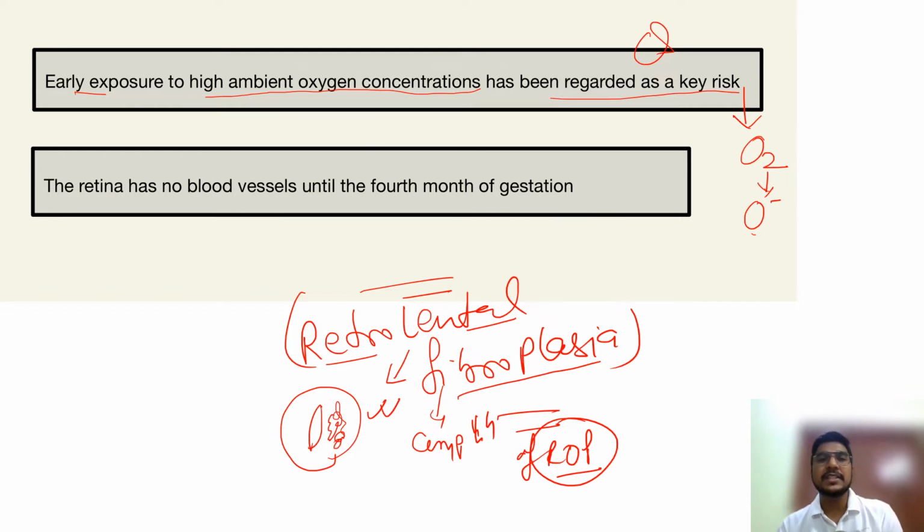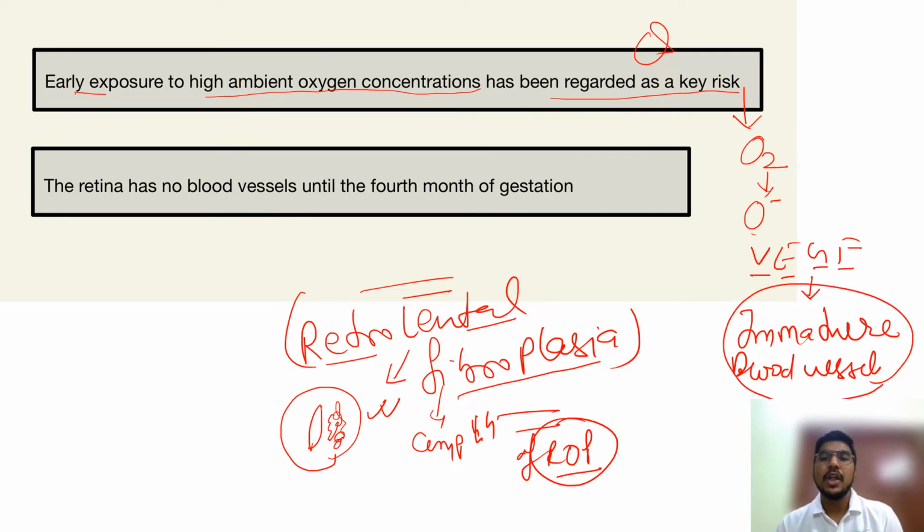Second point is that this high concentration of oxygen causes VEGF, vascular endothelial growth factor 2, to be released very fast, and because of this hurry, there is the formation of immature blood vessels, which ultimately leads to a sequence of events.